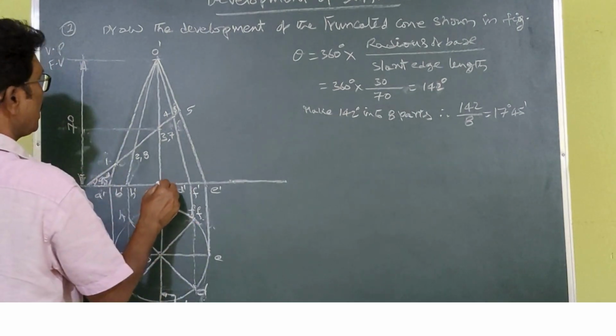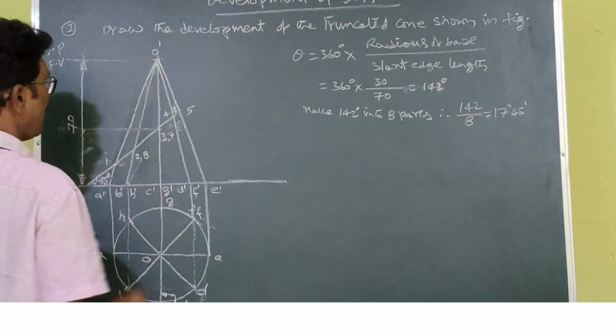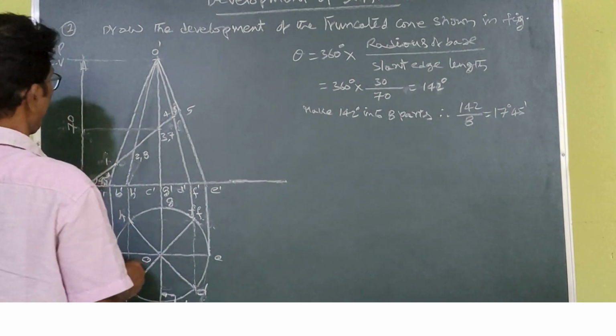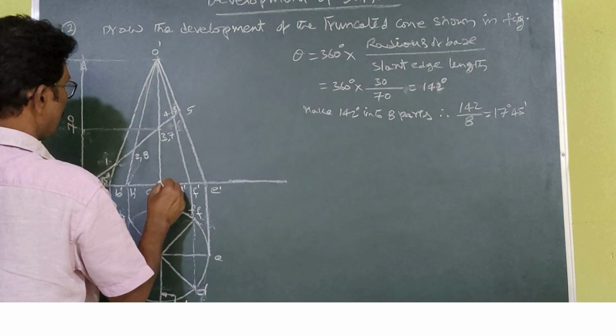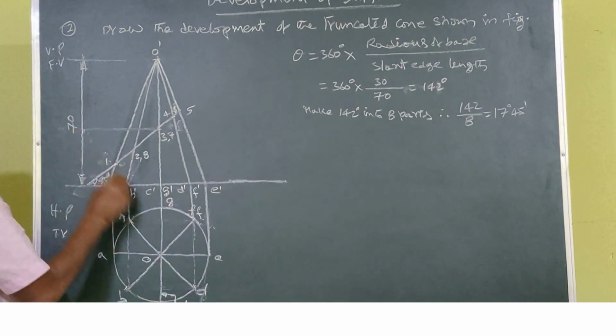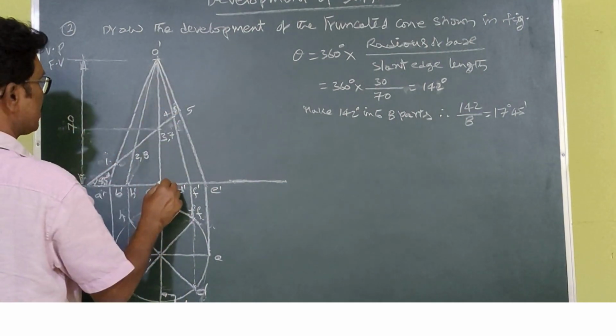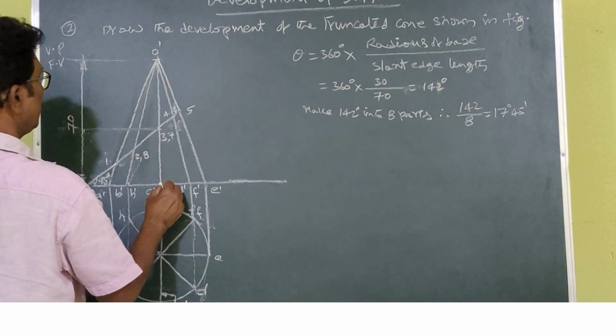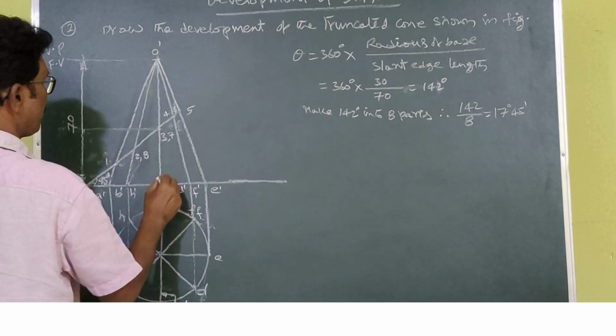So he has given the height of the cone: the height equal to 70 mm. This is the axis. Therefore you can draw the vertical line here, perpendicular to xy.